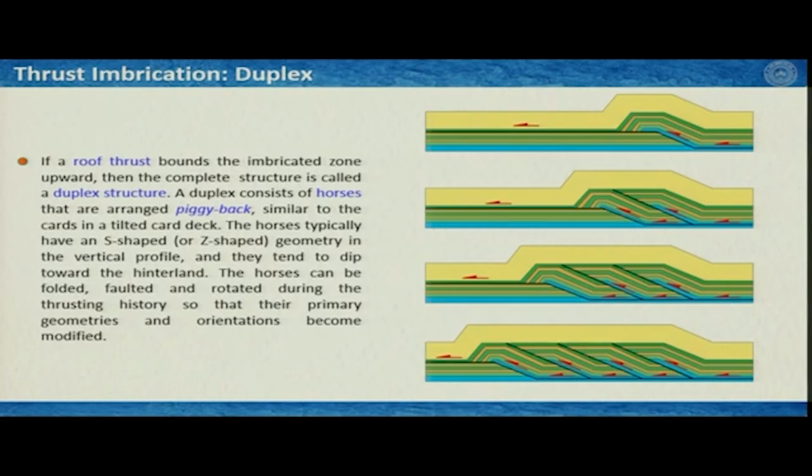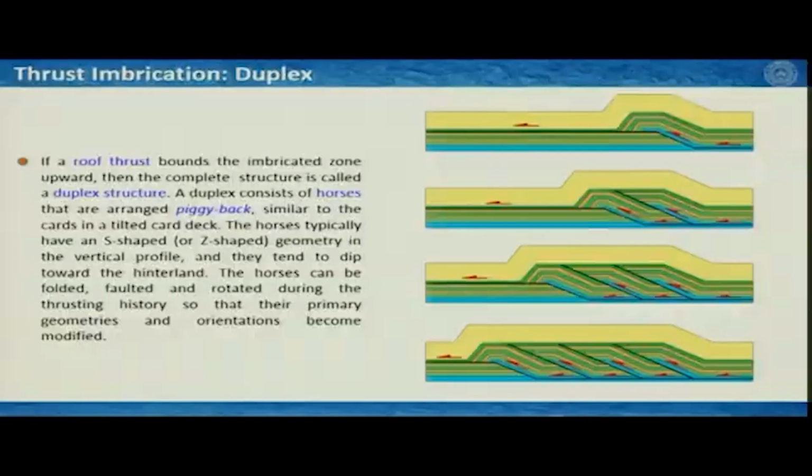Now we'll go to what I was talking about, this duplex structure. When imbrications happen, and there is a sole or floor thrust and also a roof thrust at the top, so if a roof thrust bounds the imbricated zone upward, then the complete structure is called a duplex structure, and it generally develops in sequence.